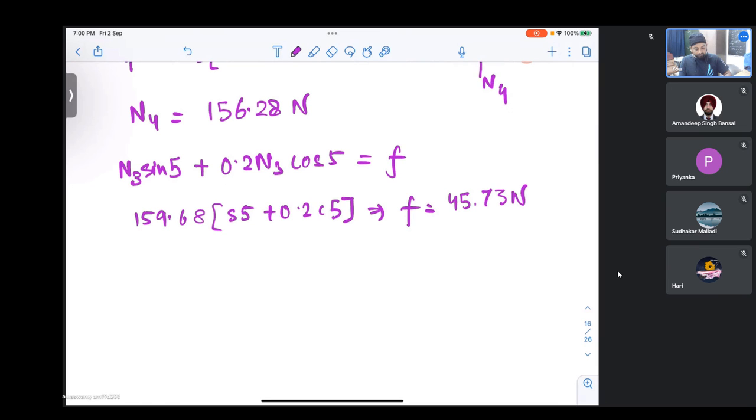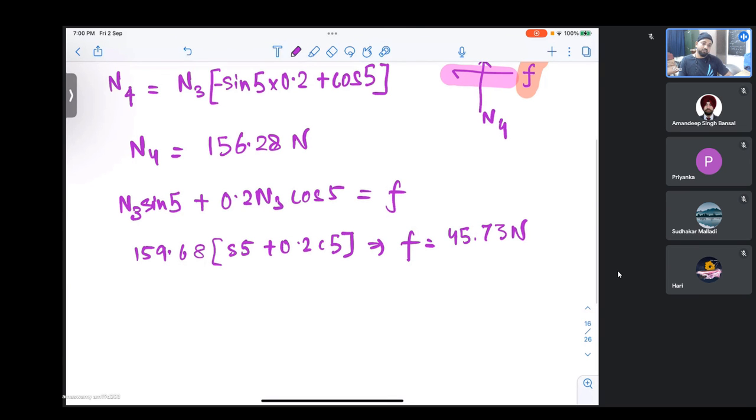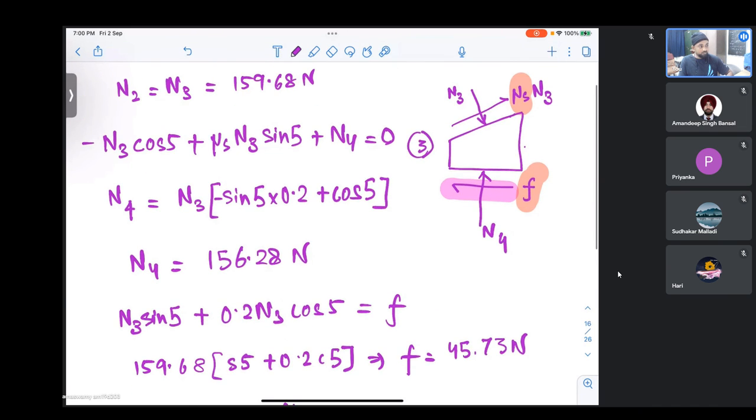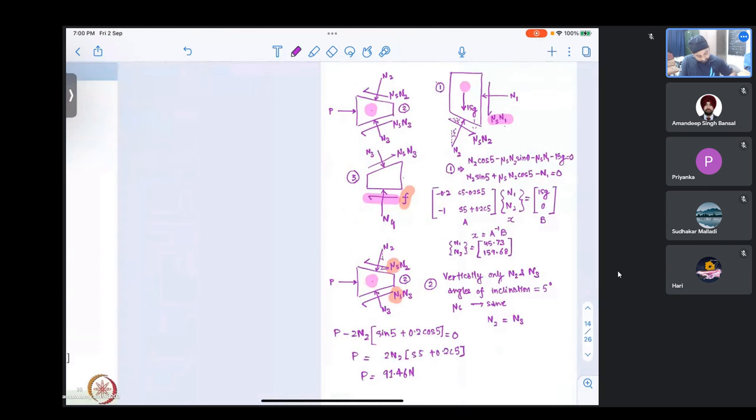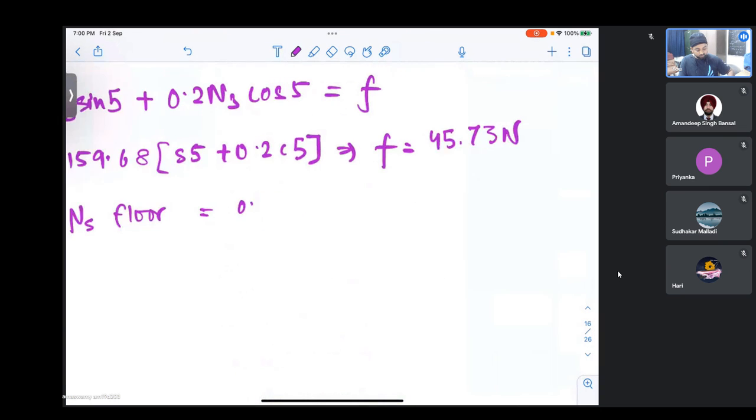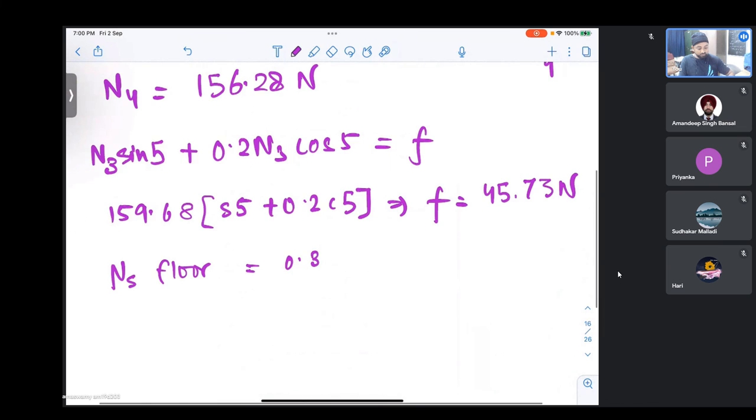And N4 we have got. Now if we take this to be the limiting value, let us calculate the limiting value. We know that mu s for the floor is, what was it given to be? 0.3 is what is given. So it is 30% of the normal force. Is this possible? 156.28 into 0.3 comes out to be 46.